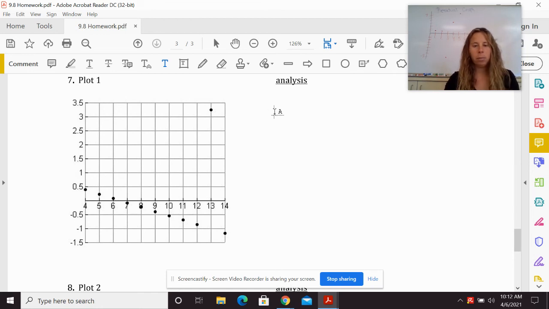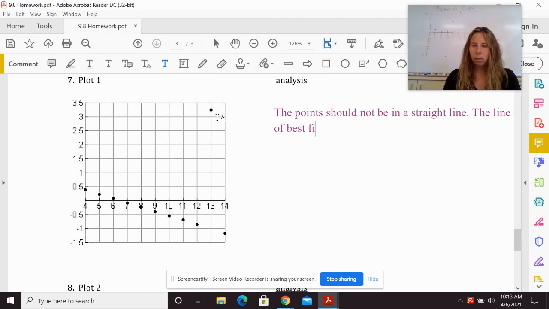You also have one way up here. Maybe that's an outlier though. That's okay. It should not be in a straight line.